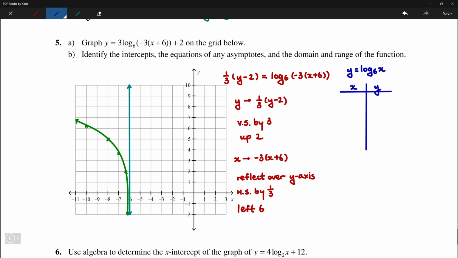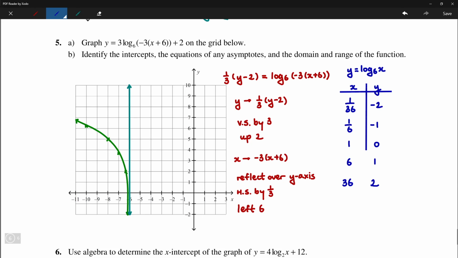So let's say we can have 1/36 would have given us -2, 1/6, -1, 1 would have given us 0, and then 6 would match with 2, and then finally 36 would have matched with... 6 would have matched with 1, sorry about that. And then finally, this is 2 here.